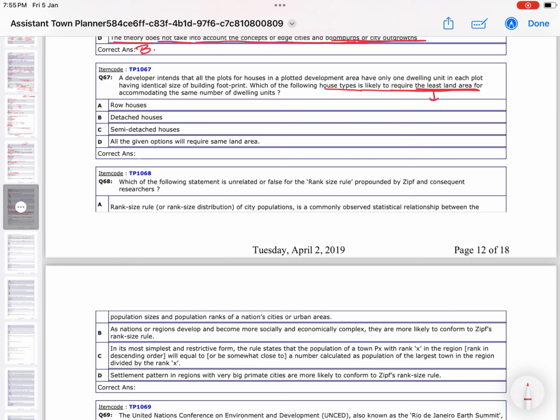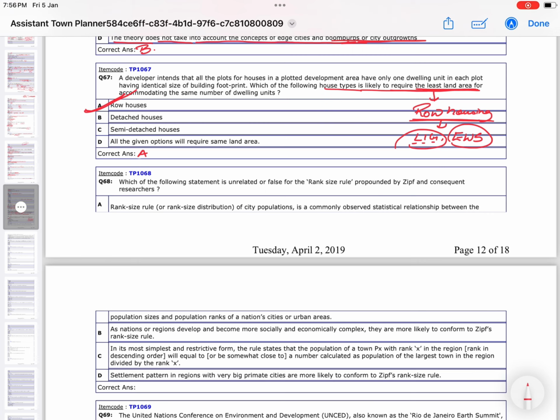The least land area will be taken up by row housing, and this type of housing we give for the LIG group, low income group, or EWS. It takes the least amount of area. So the answer for this is without a doubt row houses.